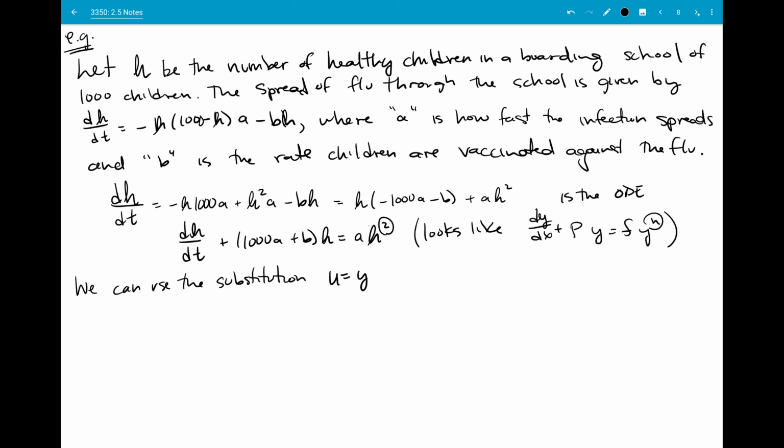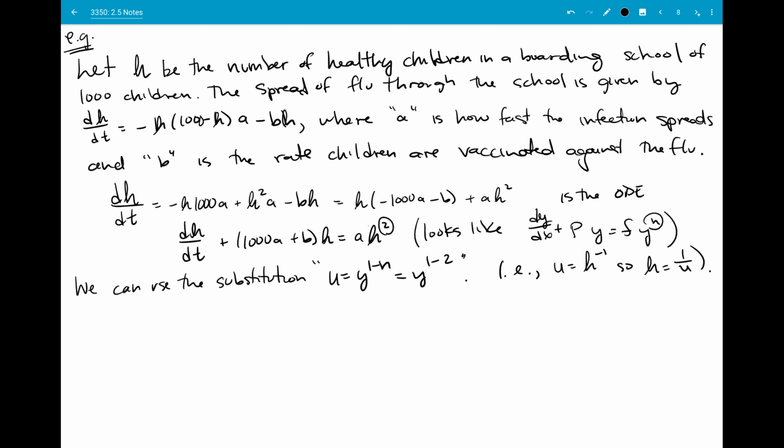U equals y to the 1 minus n, so y to the 1 minus 2. Or using our variables, u is H to the minus 1, so H is 1 over u.